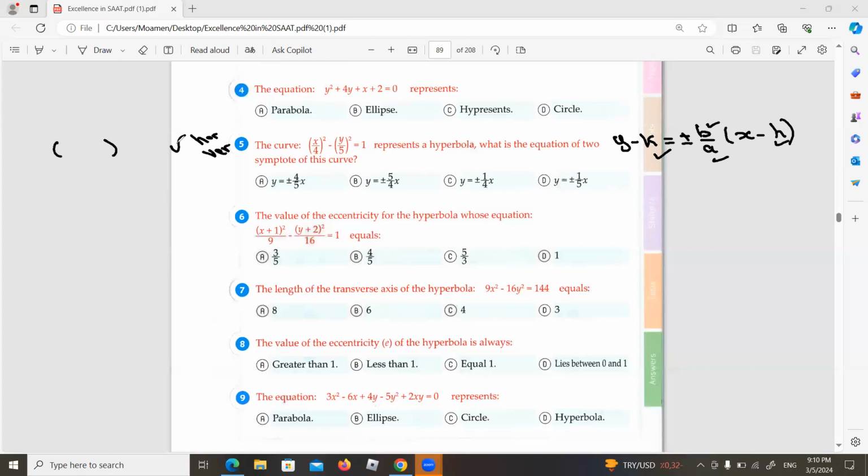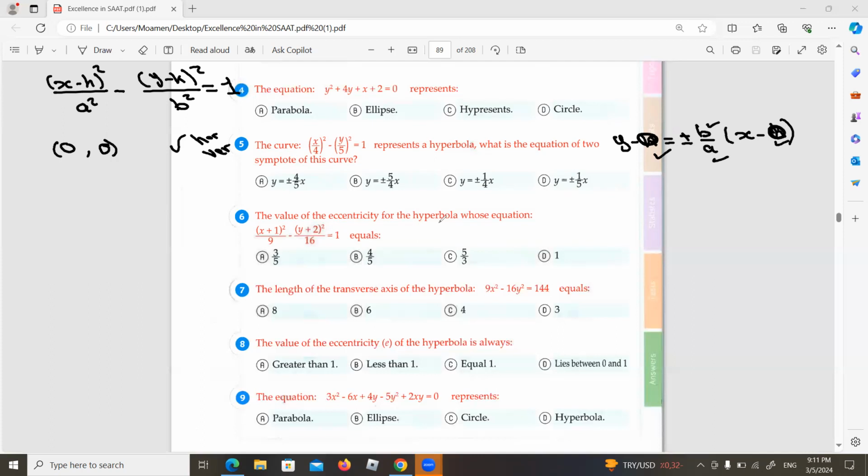I recall the original equation: x minus h all power 2 over a power 2 minus y minus k all power 2 over b power 2 equals 1. For x minus h, I have only x, I don't have any minus, so h is equal to 0. What about y also? k is equal to 0. So h and k are equal to zero. Instead of k, I write here 0, and instead of h, I write here 0.